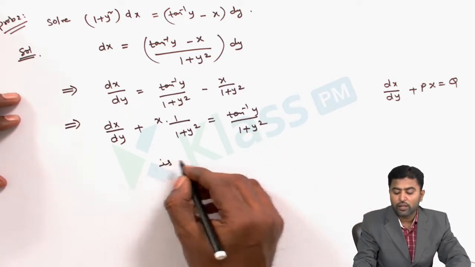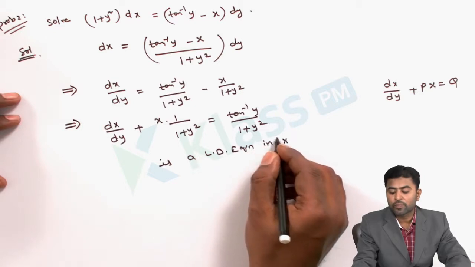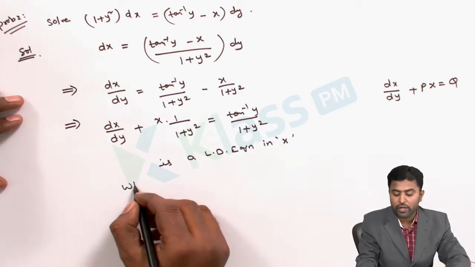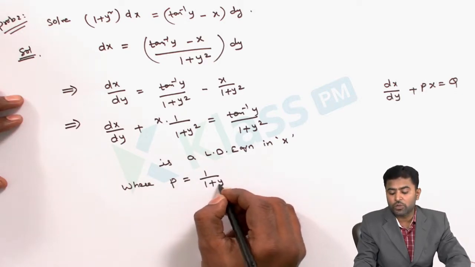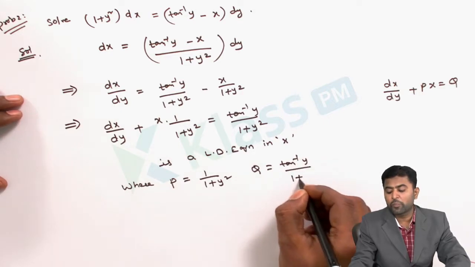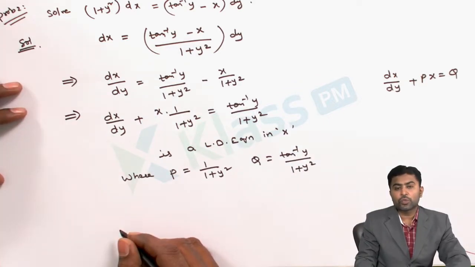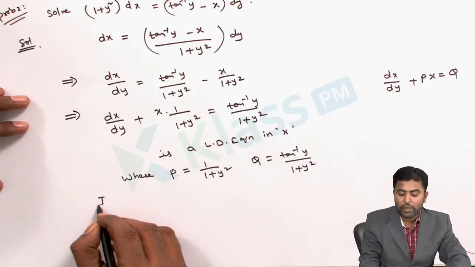So it is a linear differential equation in x, where P = 1/(1 + y²) and Q = (tan inverse y)/(1 + y²).